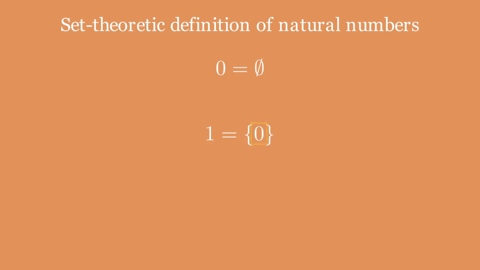You can also write it purely in terms of other sets, since we know what 0 is from before. Define our third number and call it 2, to be the set containing numbers 0 and 1 as elements.